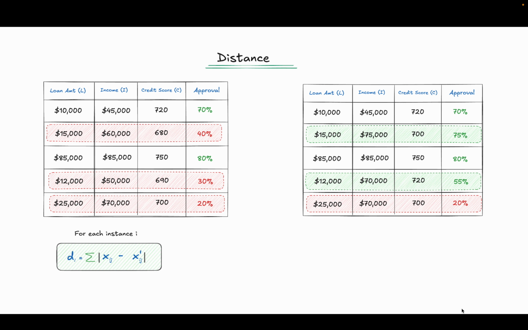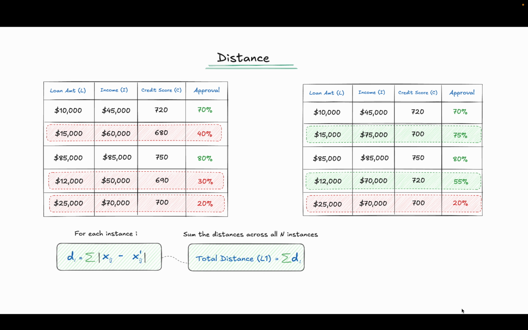Okay, so now let's talk about distance. This metric looks at how much change is needed to move from the original instance to the counterfactual. And here's the breakdown. First, for each instance, we calculate the distance for all the features. Then we sum up these distances across all the instances to get the total.